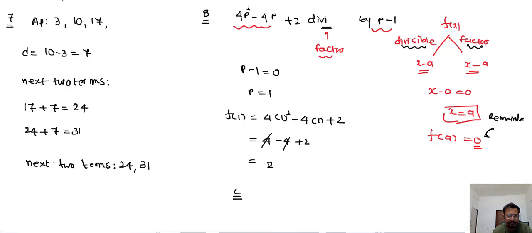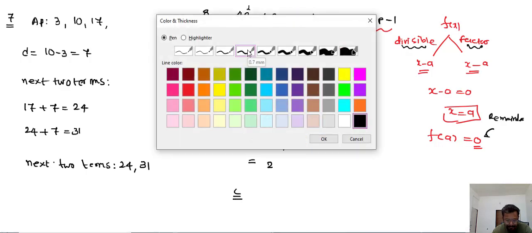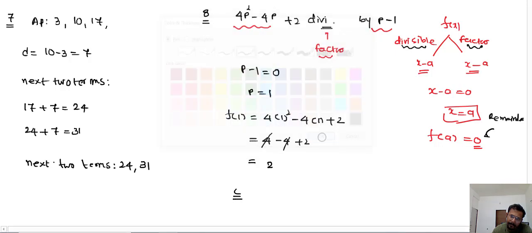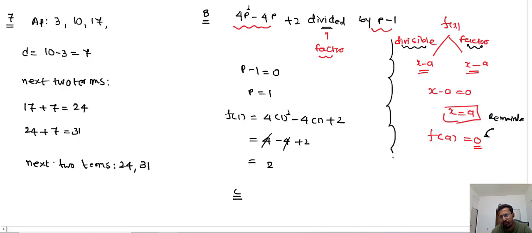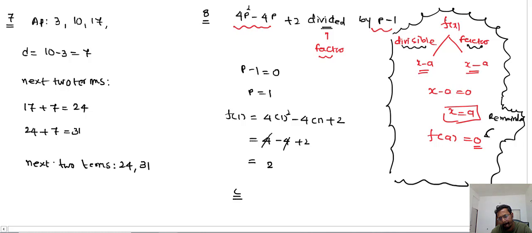Just keep this in mind: when the word divisible or factor is given to you, you just take the remainder equal to 0. Here we are dividing, so we just take p minus 1 equal to 0 and p equal to 1, so we can easily get our remainder.